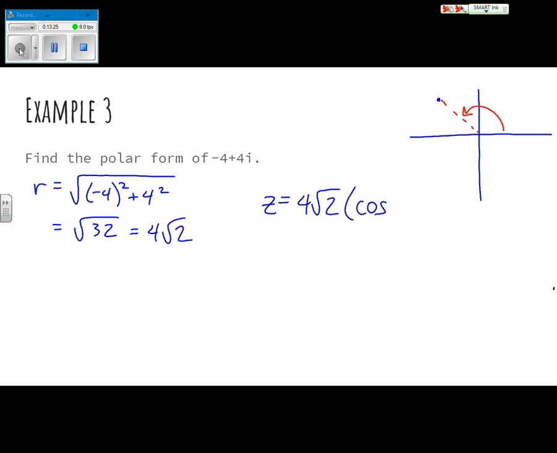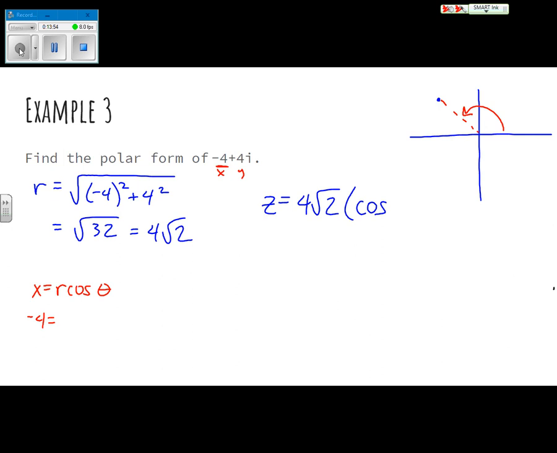I'm going to go back to one of those formulas that was in the box a couple times ago, and I had a formula that said x equals r cosine theta. Correct? Remember that x is just this right here. This is x plus yi. And so x is just going to be that negative 4.